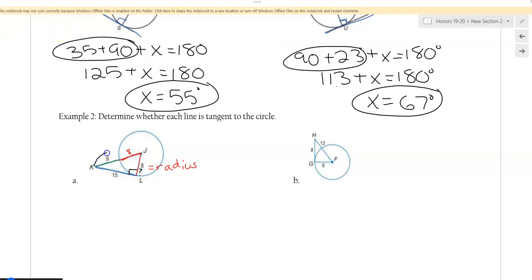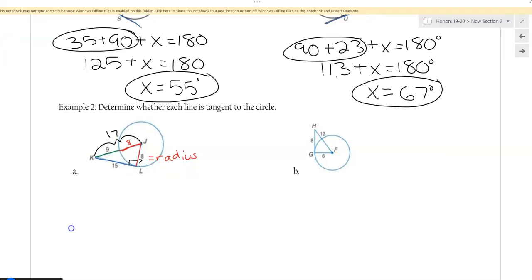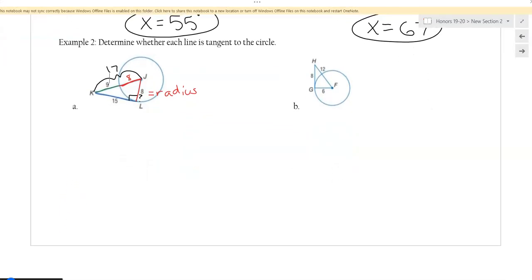Meaning this whole side is 9 plus 8, which is 17. That's the biggest trick to these problems, is knowing that we have to put our other radius there, right? There's sneaky radii everywhere in these problems.